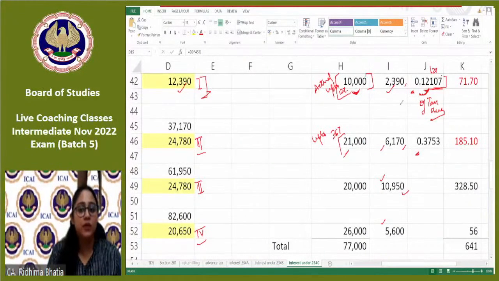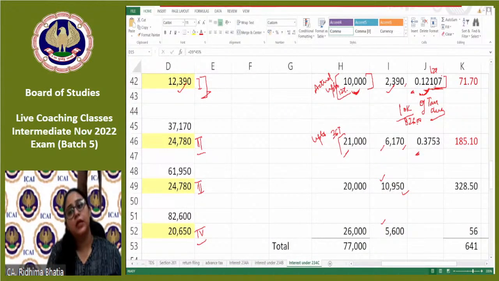How did I calculate it? 10K divided by 82,600. Okay. That means the interest which you would have otherwise calculated on the shortfall should not be calculated. No interest is required to be charged.